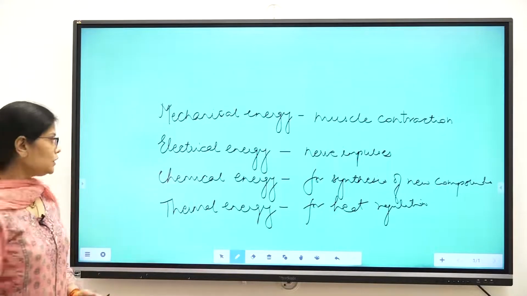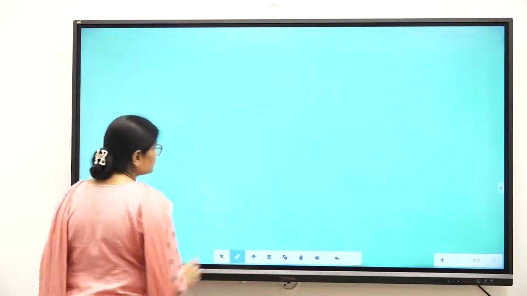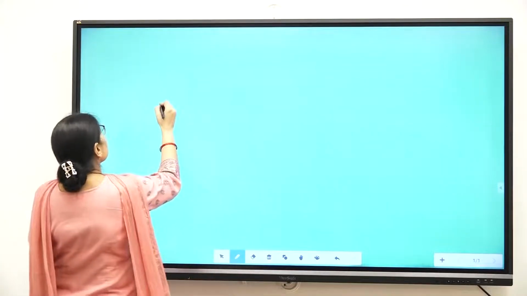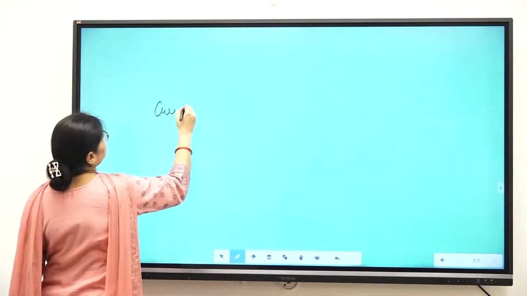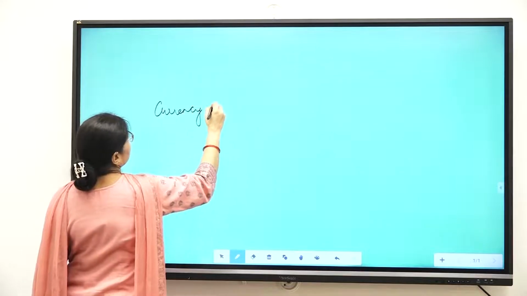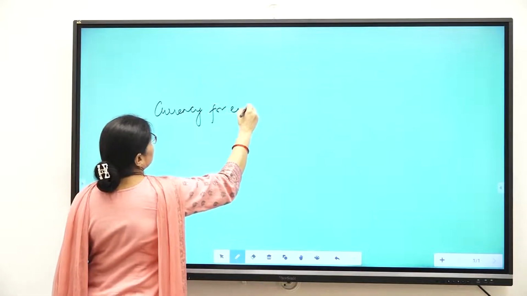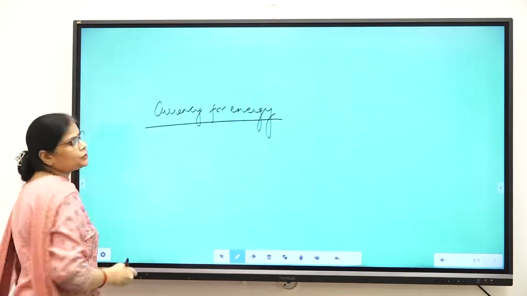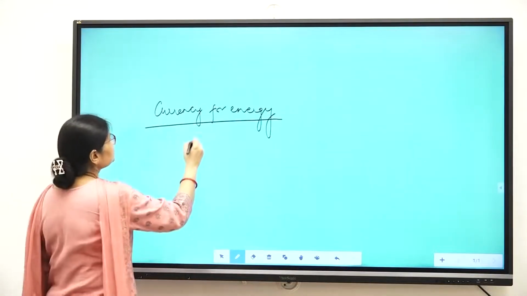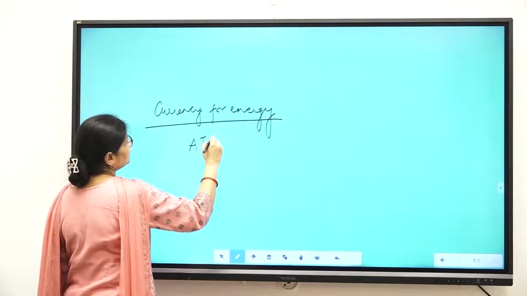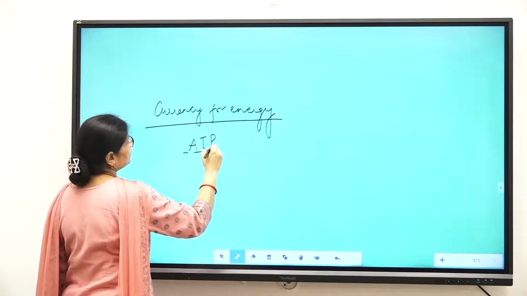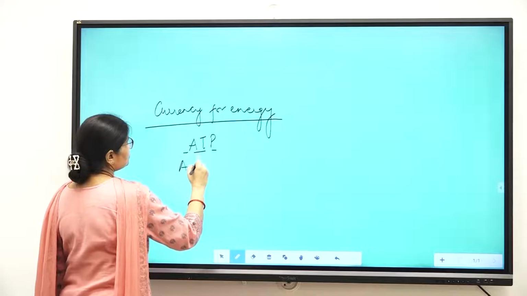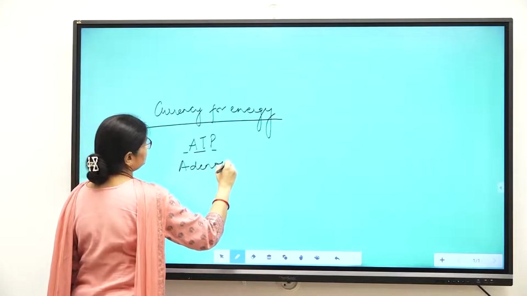Now, we come to the next subtopic, that is currency for energy. Whatever energy is produced is in the form of ATP, that is adenosine triphosphate.